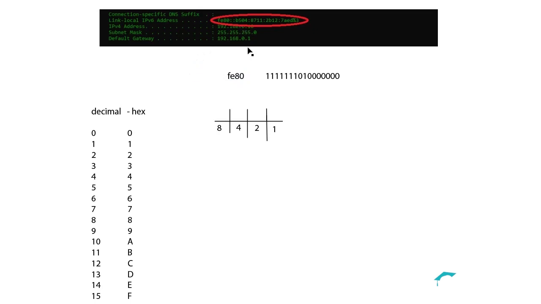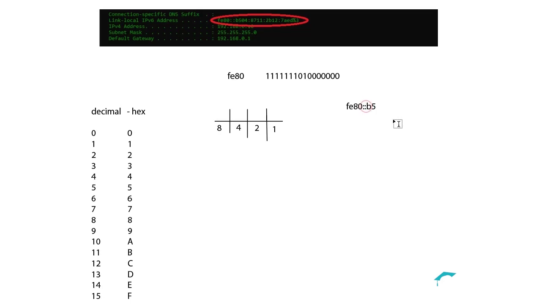Then one last thing to be aware of is this double colon right here. If you see an address, for example what we have in the picture, and then a double colon like this, and then it continues, it means that, as you see right here, this is not 128 bits, because the address is much longer if it is filled with all the values.